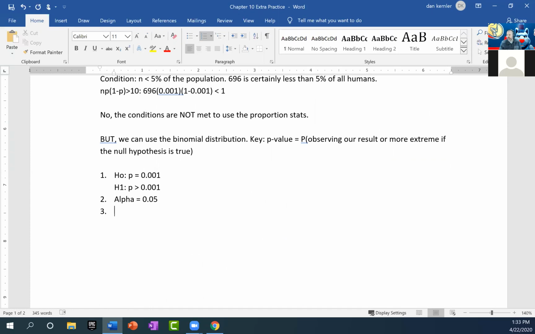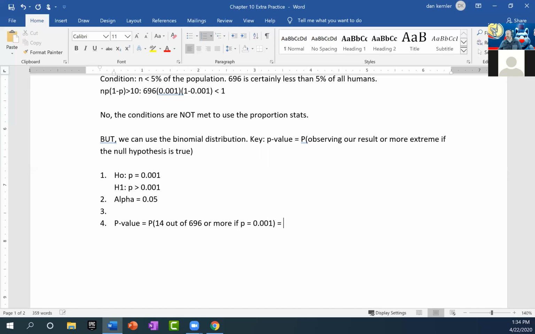And then 3, the test statistic and p-value. I'm actually going to skip 3. The p-value, we can do that, this is interesting. It's the probability of getting 14 out of 696 or more if p is 0.001.